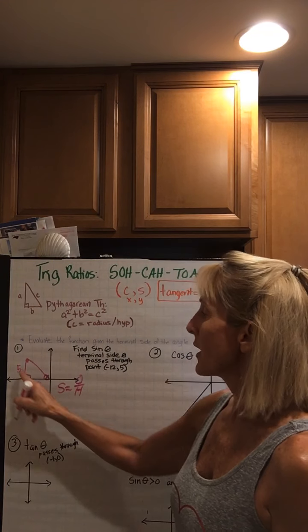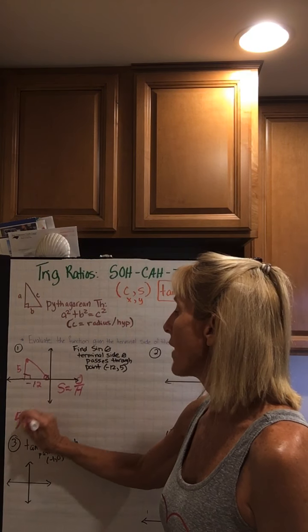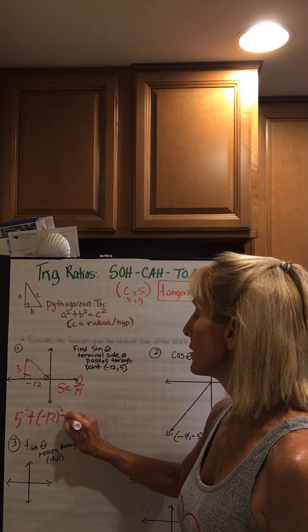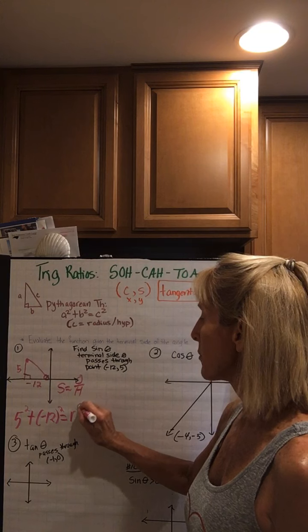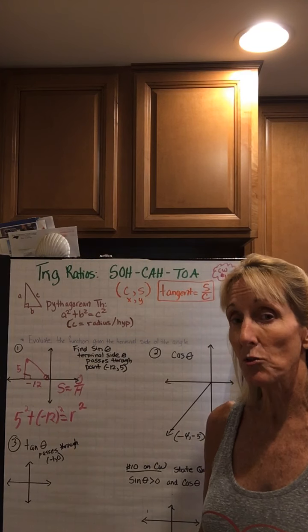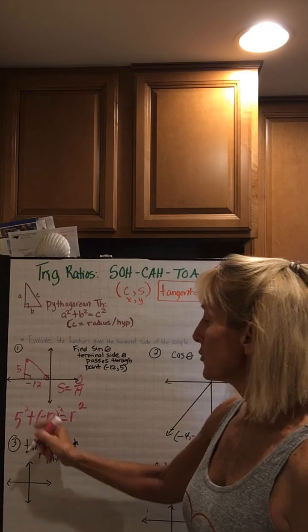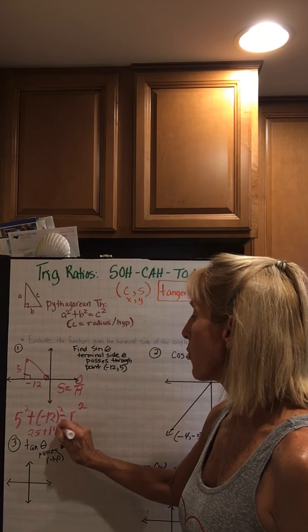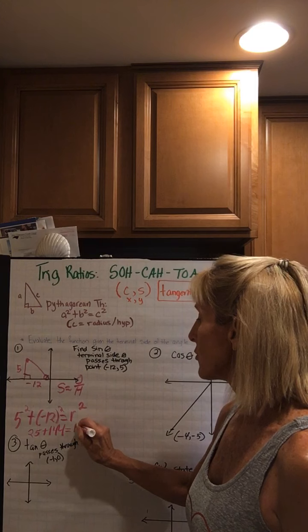This is your a, this is your b, so you go 5 squared plus -12 squared equals c squared, but this time I'm going to put r squared because it's your radius, which is your hypotenuse. 25 plus 144 equals r squared.